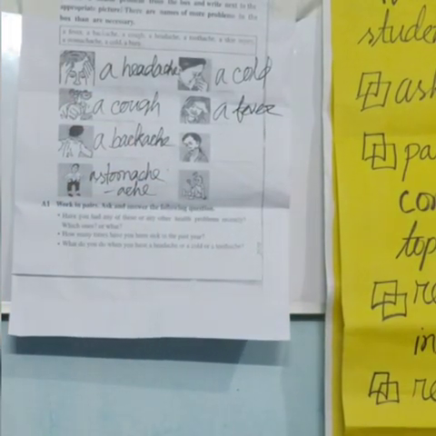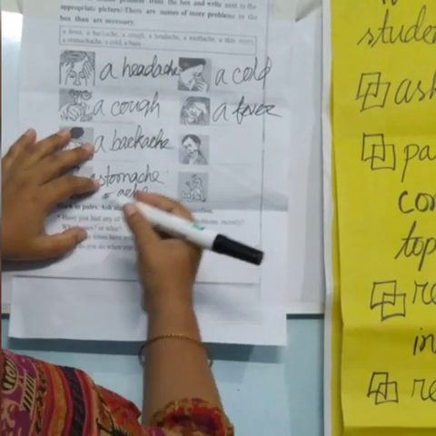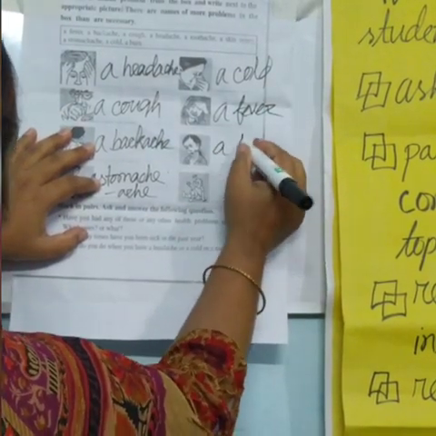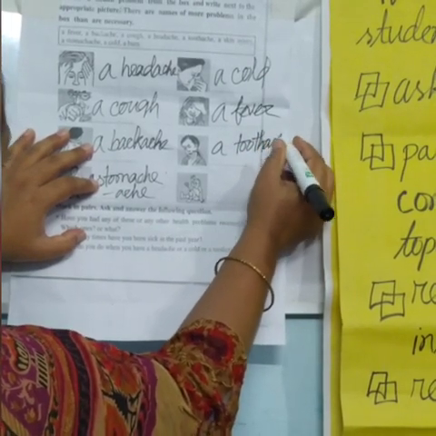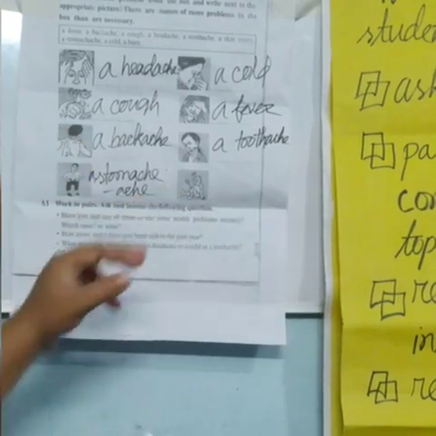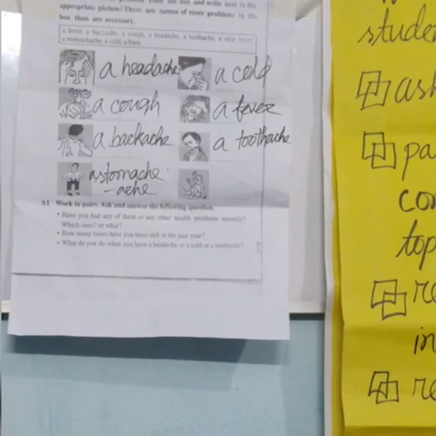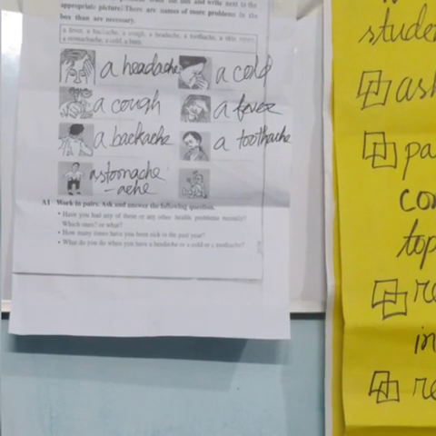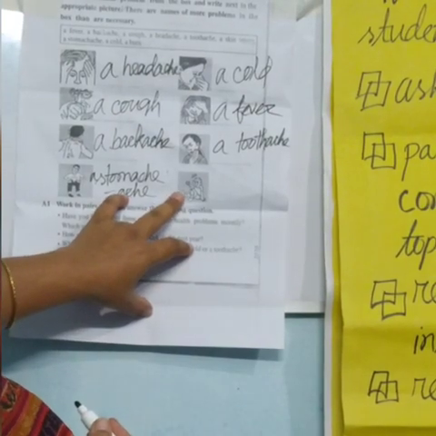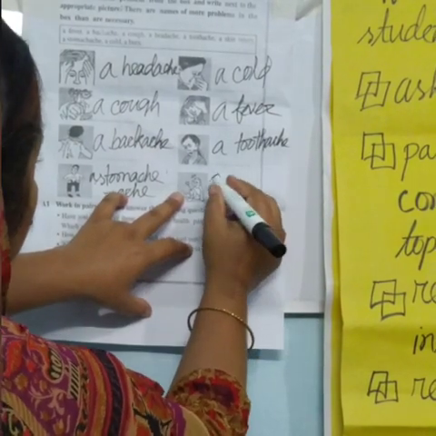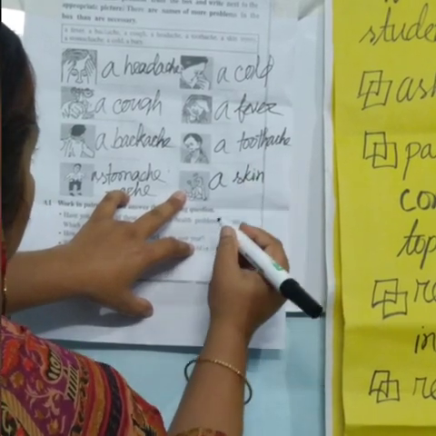In the picture we can see another girl. She is suffering from a toothache. Next, in the picture we can see a little boy has fallen down and he had a skin injury. So it's about skin injury.